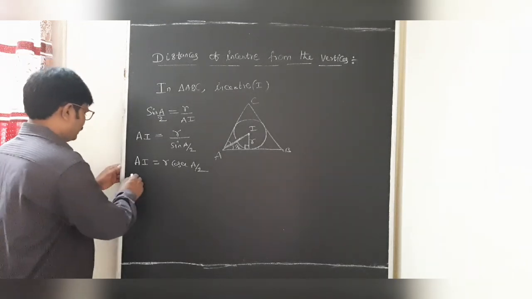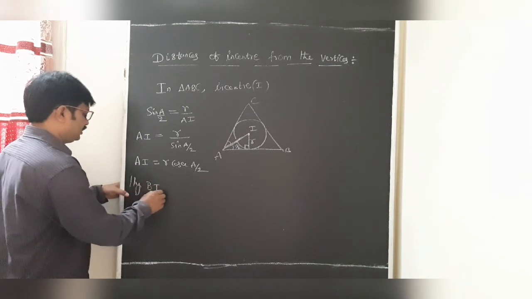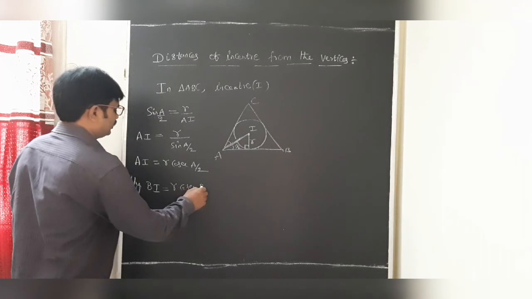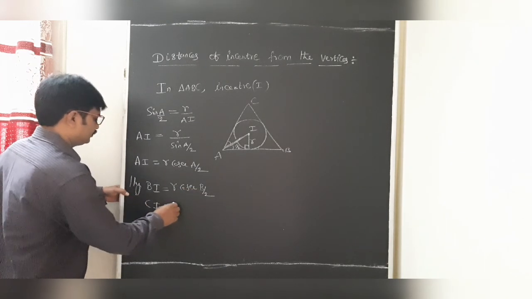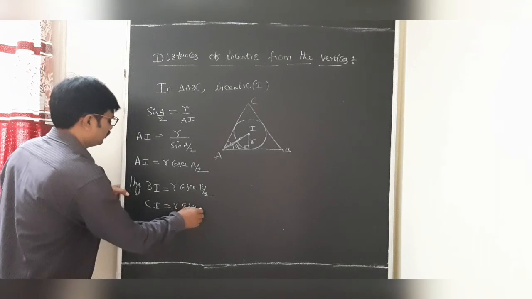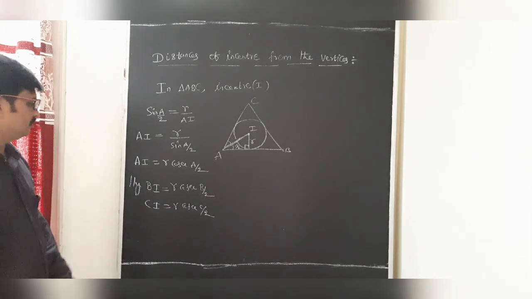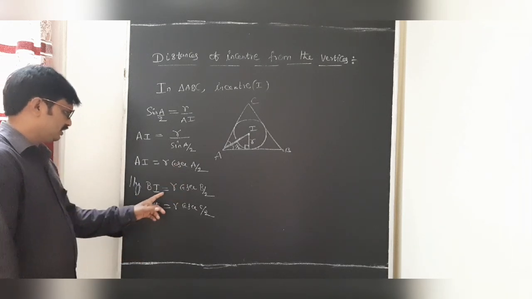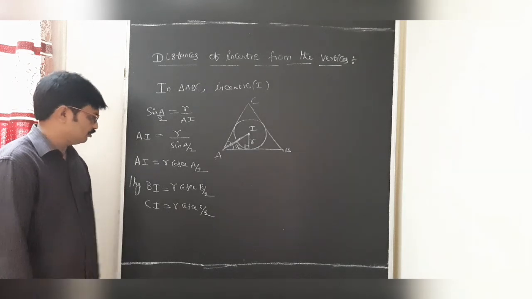Similarly, students, we can prove BI equals r into cosecant of B by 2, and CI equals r into cosecant of C by 2. So AI is r cosecant A by 2, BI is r cosecant B by 2, and CI is r cosecant C by 2.